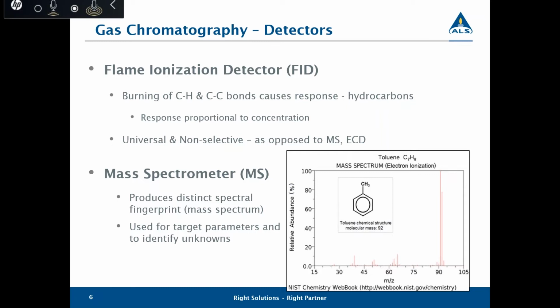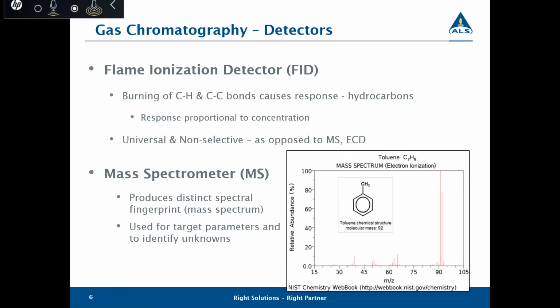That creates a peak, and the response is proportional to the concentration. This detector is quite universal. It's non-selective, as opposed to the mass spec or ECD detectors. Therefore, it doesn't provide high detection limits, so it's a less sensitive method.